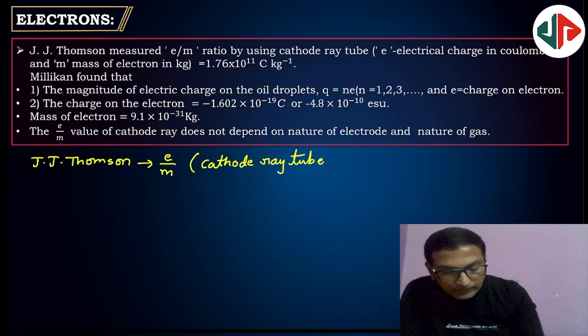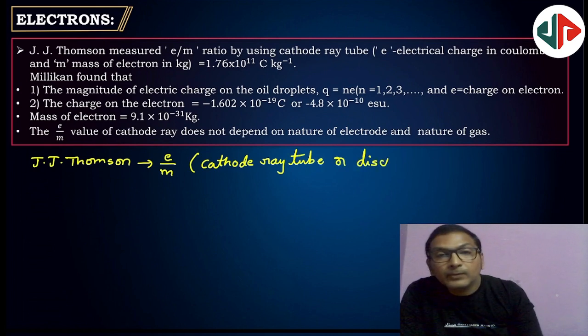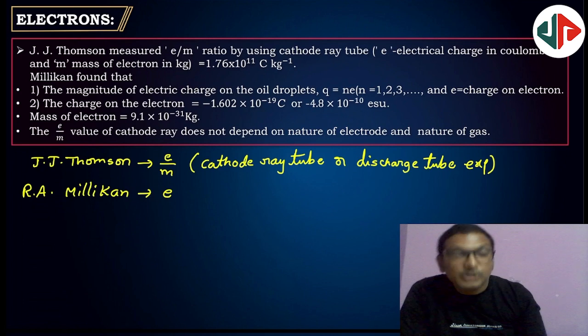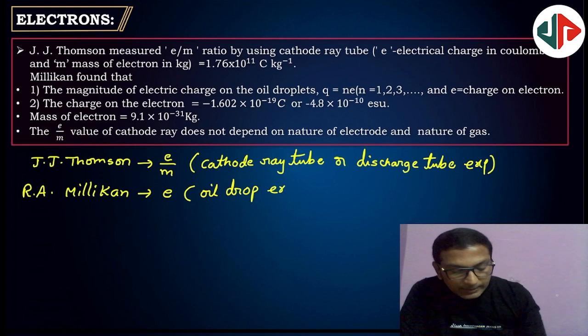Cathode ray tube or discharge tube experiment. Next, R.A. Millikan calculated the charge of electron by using oil drop experiment.